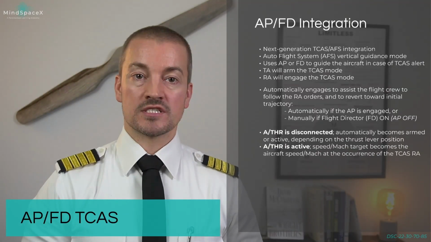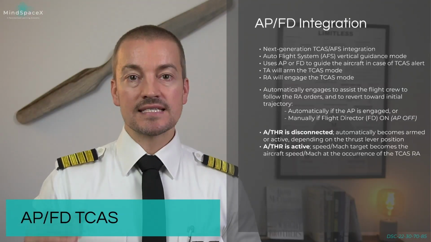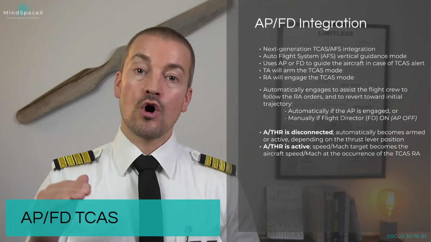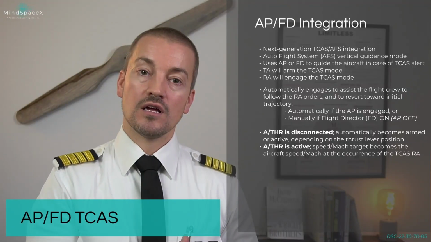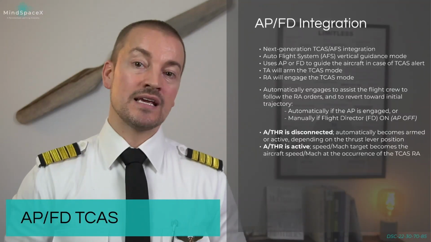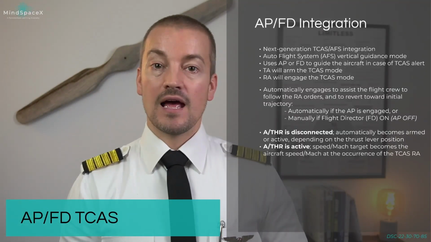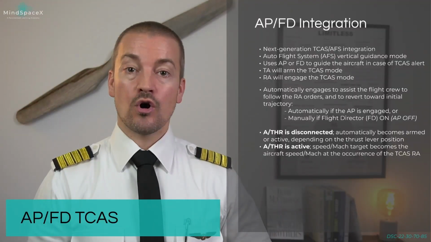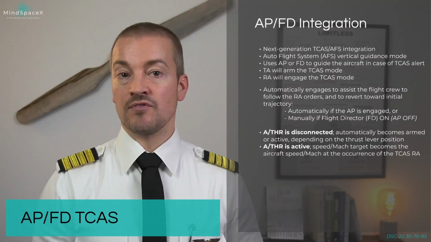As for the Autothrust system, if the TCAS system is triggered with the Autothrust disconnected, then the Autoflight system will automatically reconnect and arm or activate the Autothrust system depending on the thrust lever position.